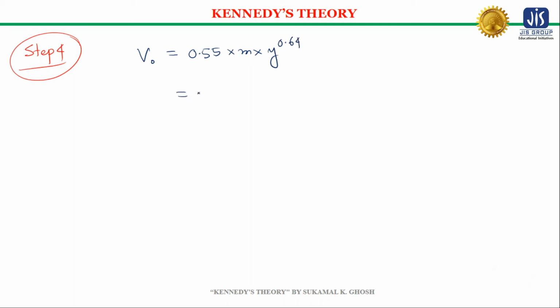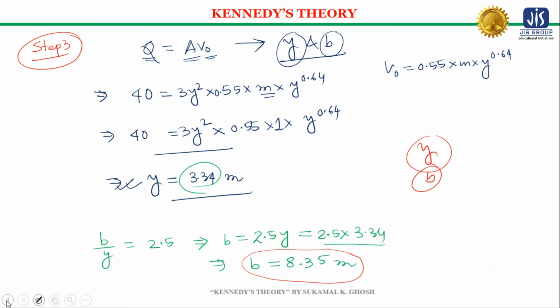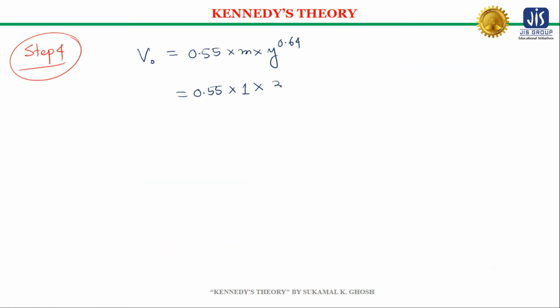So it is 0.55 into m is 1, and the value of y is 3.34 to the power 0.64. If you solve it, you will have 1.19 meter per second.